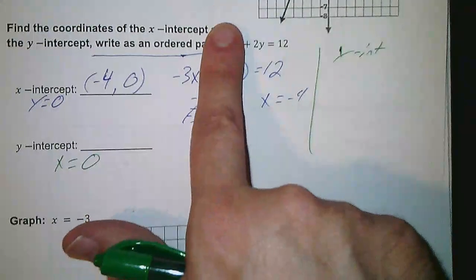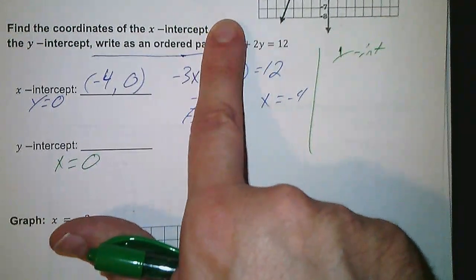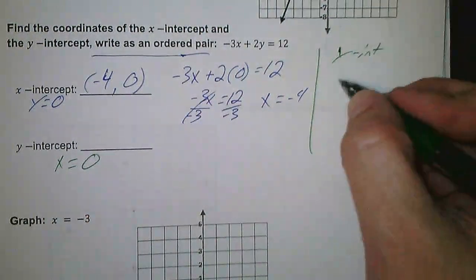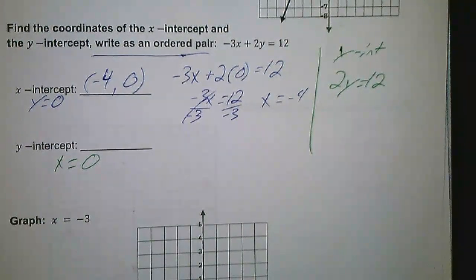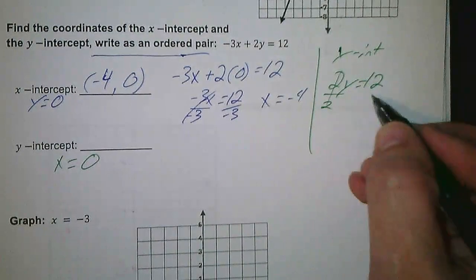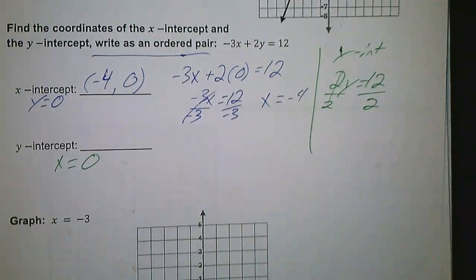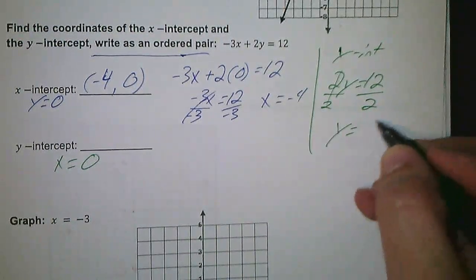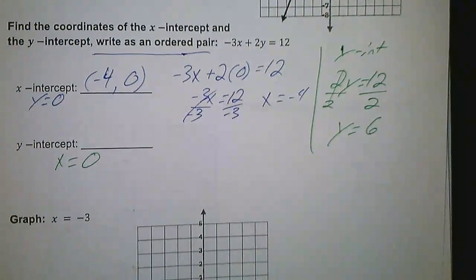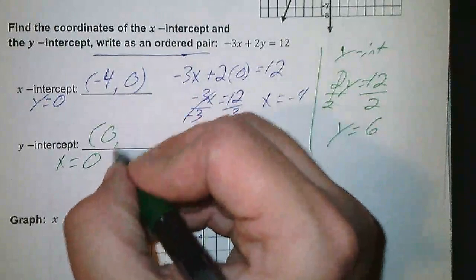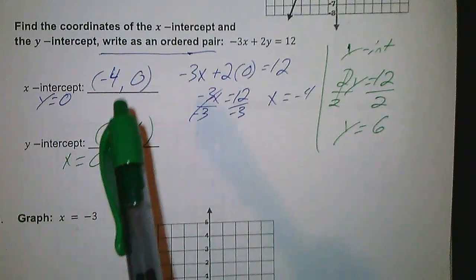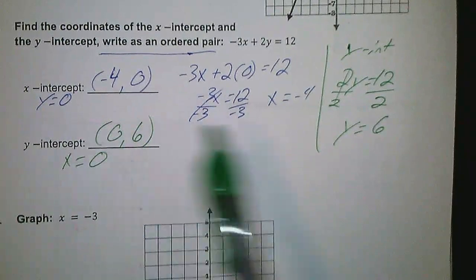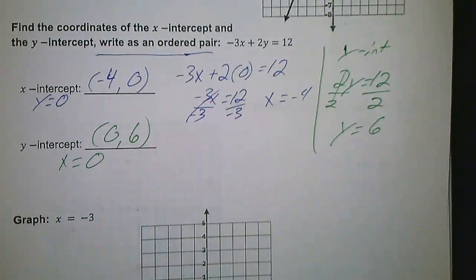And so teachers will just kind of cover up the x term because it zeroes out. You can work it that way. So the x term zeroes out, it goes away. 12 divided by 2 is 6. So if we're on the y-axis, our x value is 0, and we solved for y.